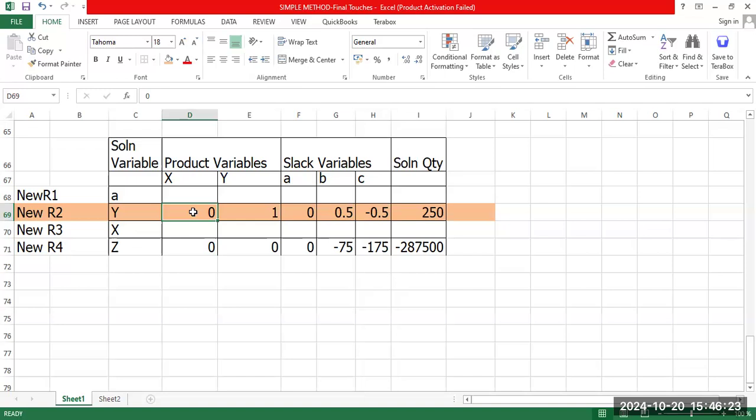I've handled row 3. Tell me, what is row 3? What is the value here? 1, next. 0, next. 0. 0, negative 0.25, next. 500.25, 500, 0.25.